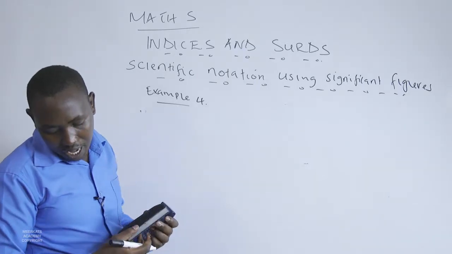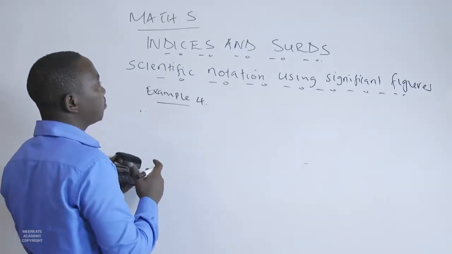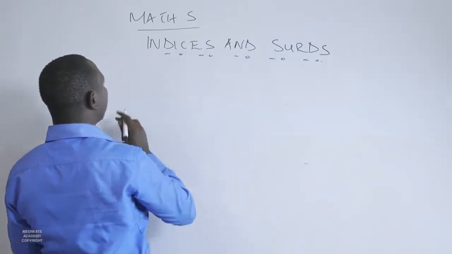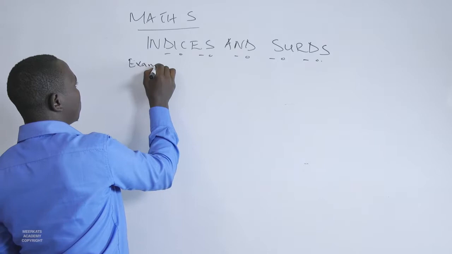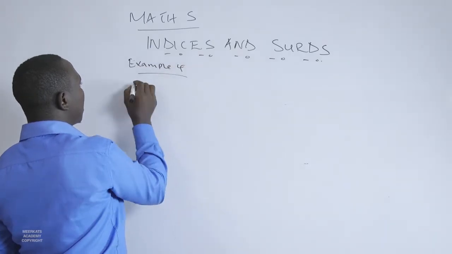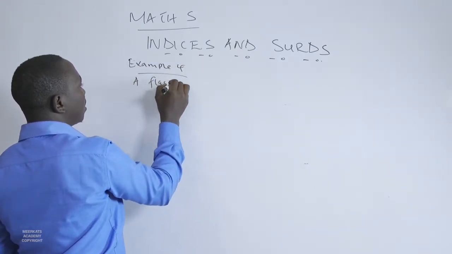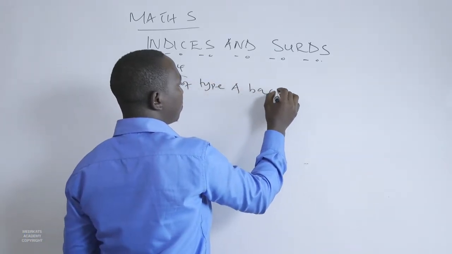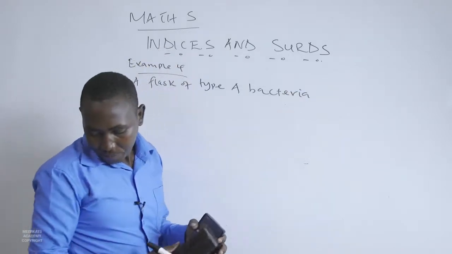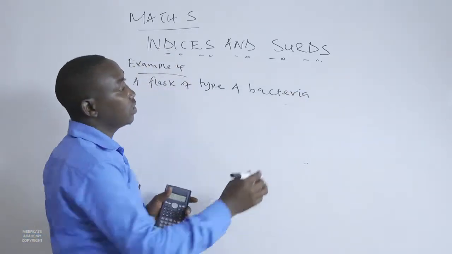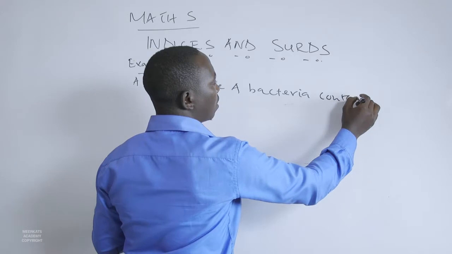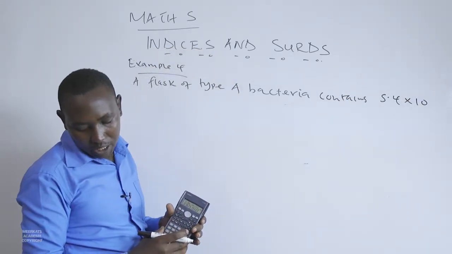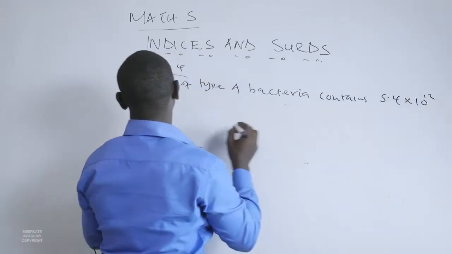We are told a flask of type A bacteria contains 5.4 multiplied by 10 raised to 12 cells.